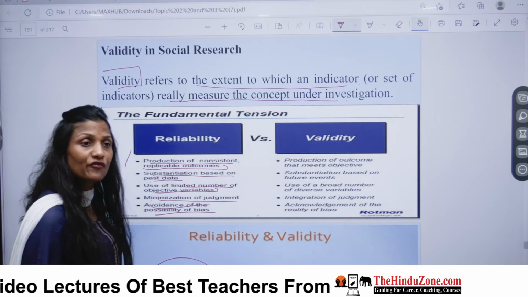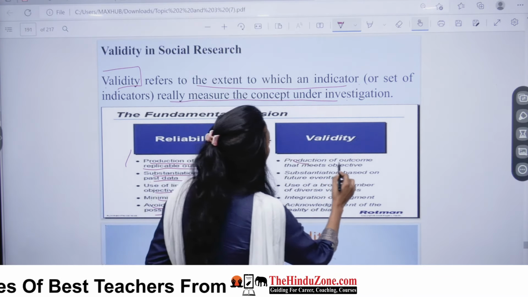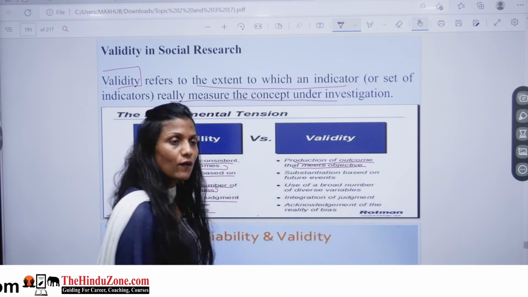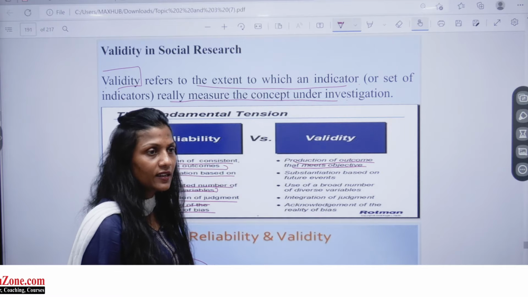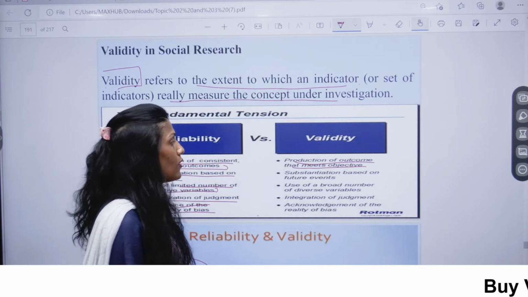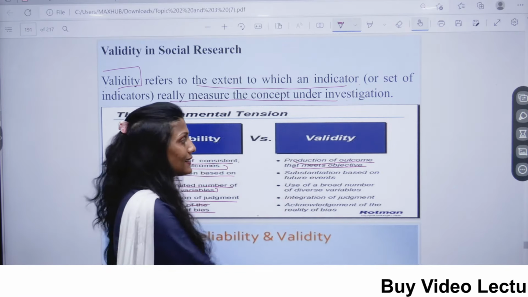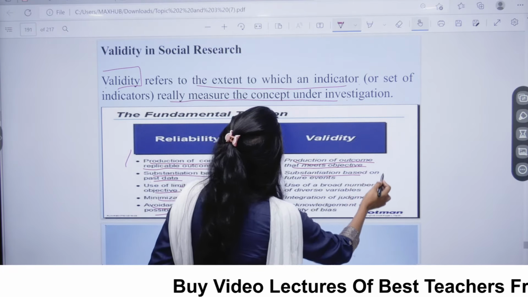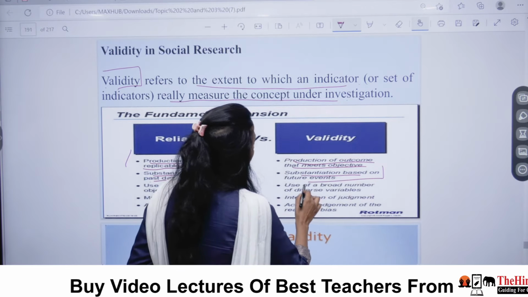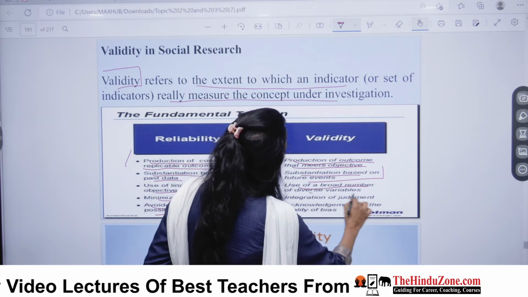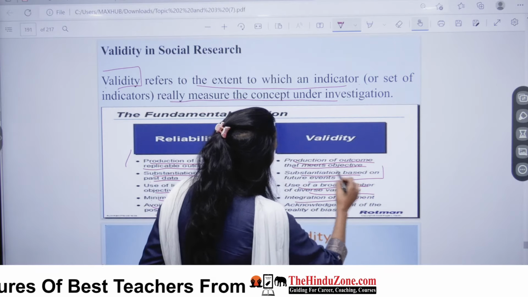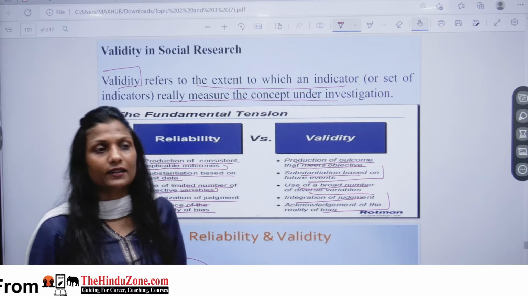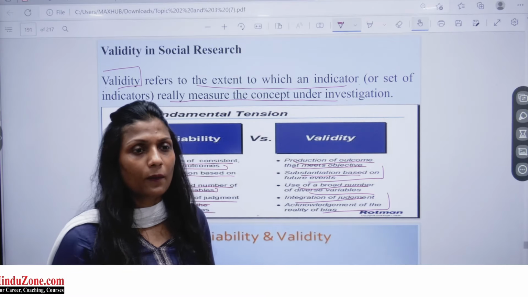Now let's see validity: production of outcome that meets objective. If I wanted to understand the condition of poverty, did I achieve that or not, that is validity. Substantiate based on future events, use of a broad number of diverse variables, integration of judgment, acknowledgement of the reality of bias. Okay?